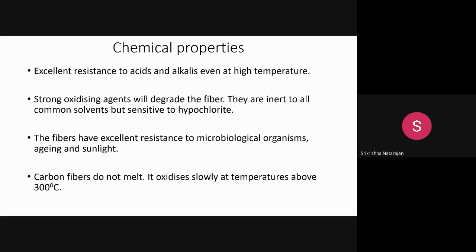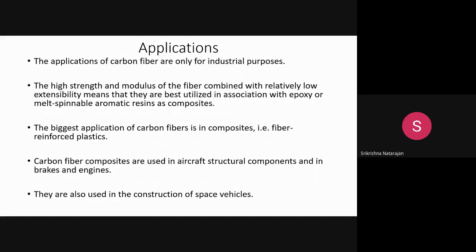Application, yes, it has very diverse and important applications in the technical textile sector, mainly for industrial purposes. It is not used alone because, as I've already told you, it is a highly anisotropic fiber. The in-plane direction property and the across the plane direction property are both different.